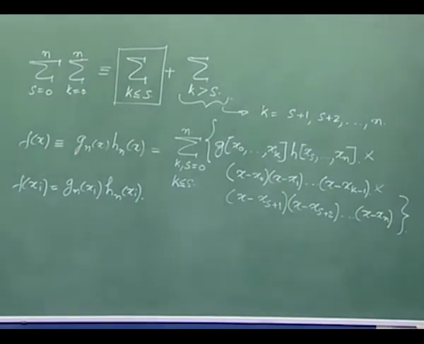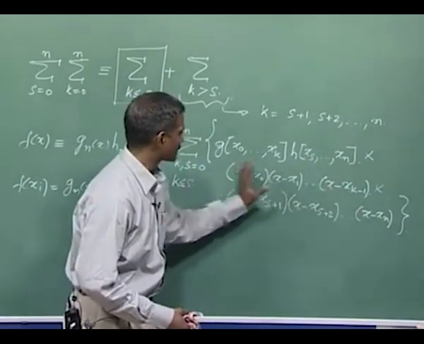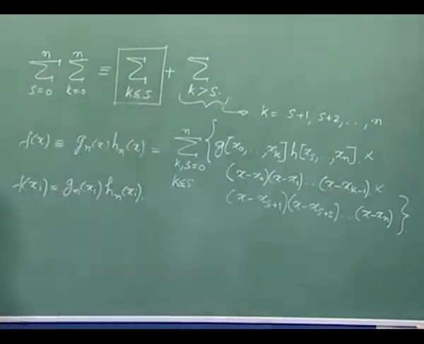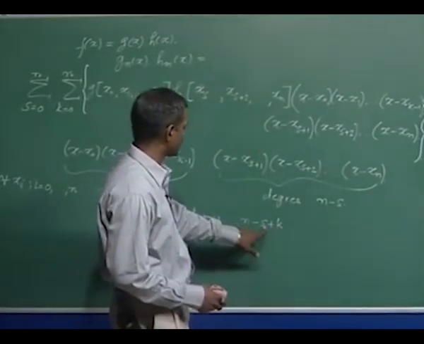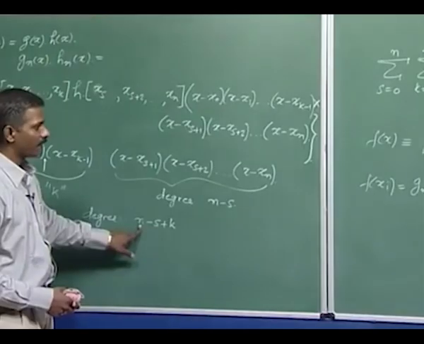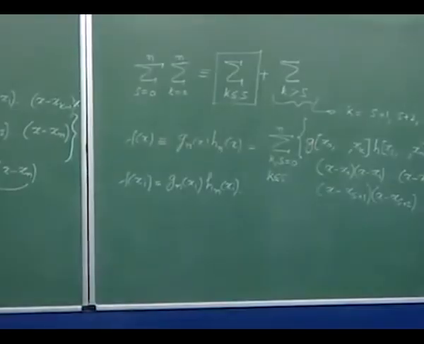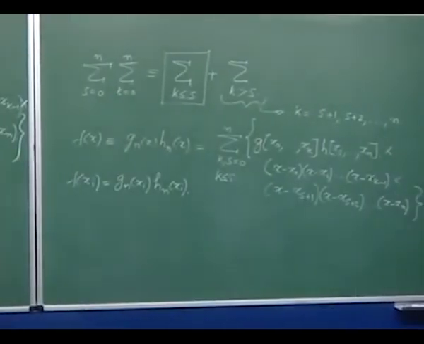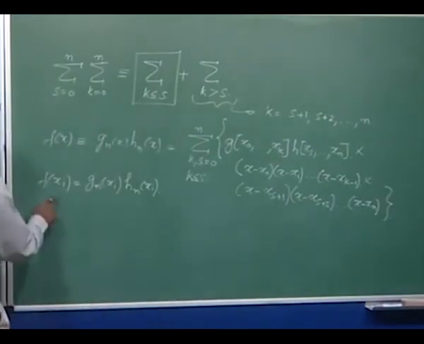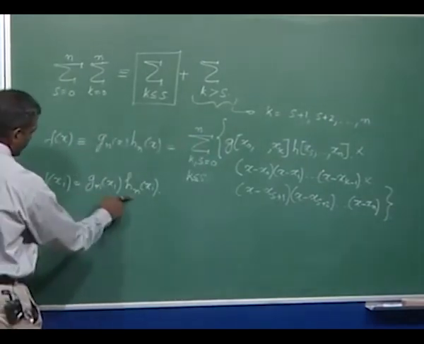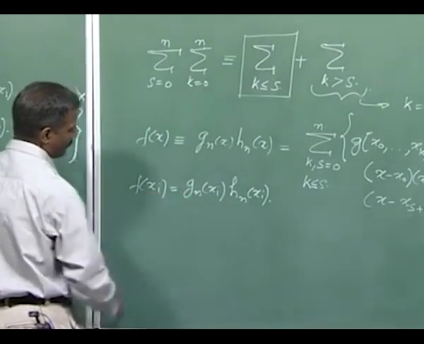And we have also seen that the maximum degree in x here will be for k equals s, and that would be n. In other words, this statement has to satisfy this equation for values of i going from 0 to n.